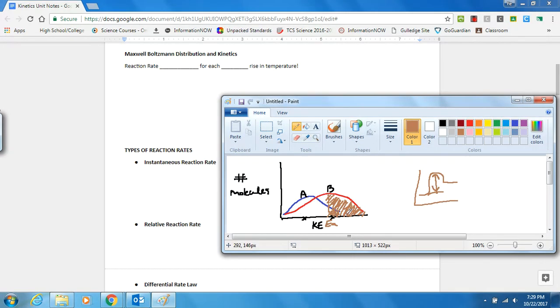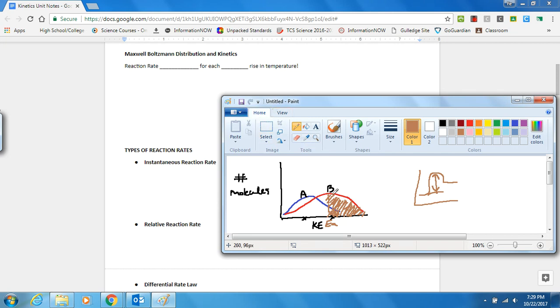So this is just another way to relate Maxwell-Boltzmann distribution to temperature and how it affects the rate of a reaction, because now I have more molecules that can overcome that activation energy. So that is the deal with Maxwell-Boltzmann.